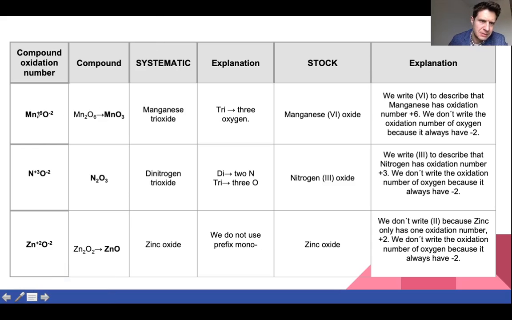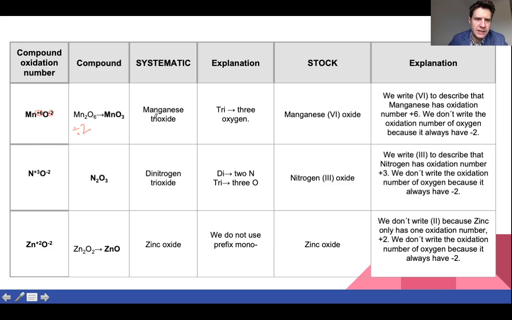Manganese. Manganese +6. Manganese has more than one oxidation number. We shift again the oxidation numbers and then divide by 2. 2 divided by 2 is 1, we don't write it. 6 divided by 2 is 3. So how do we call it in systematic?